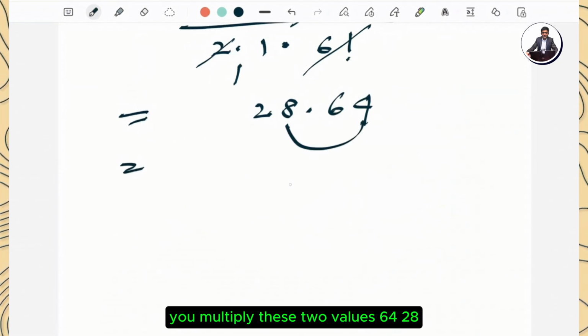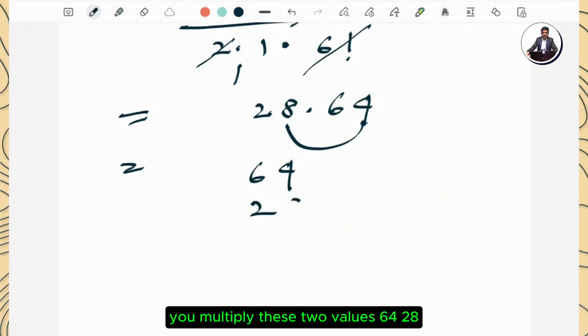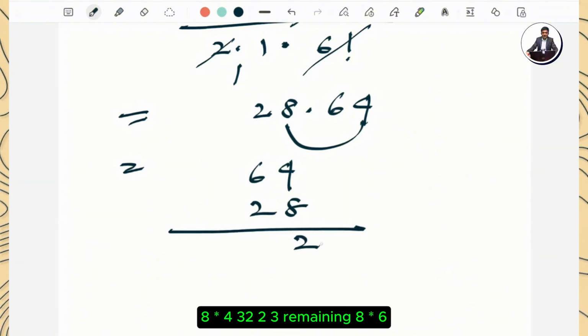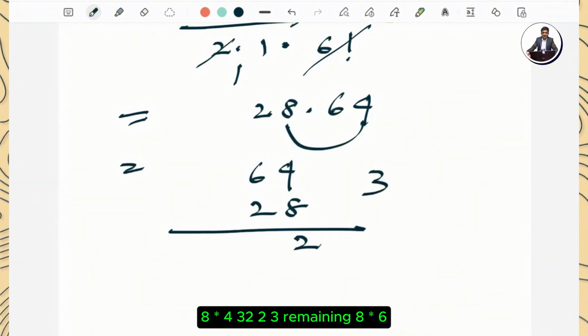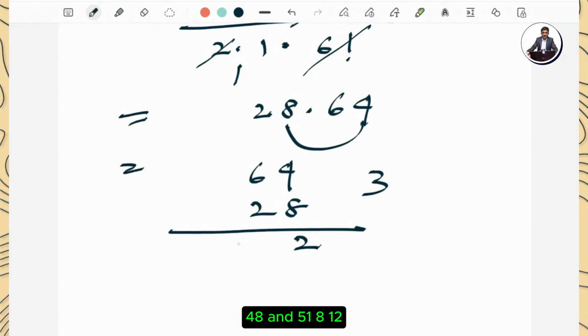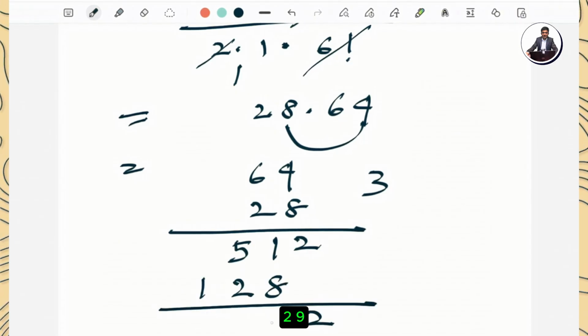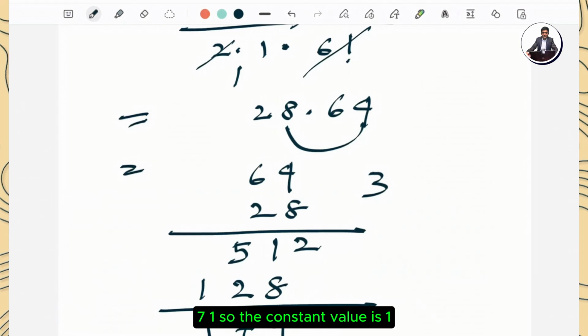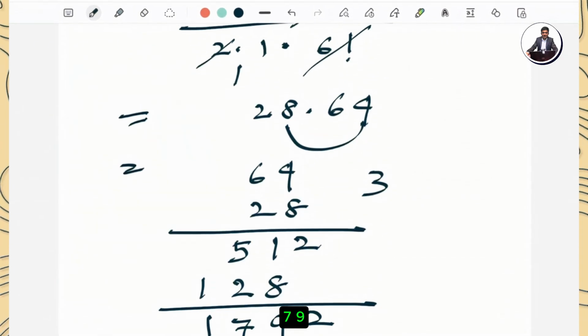Multiplying these two values, 28 times 64, the constant value is 1792.